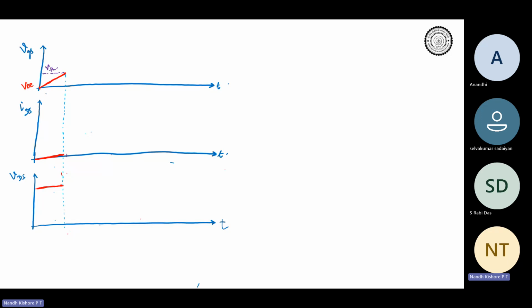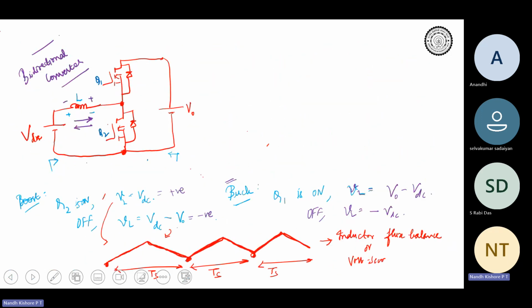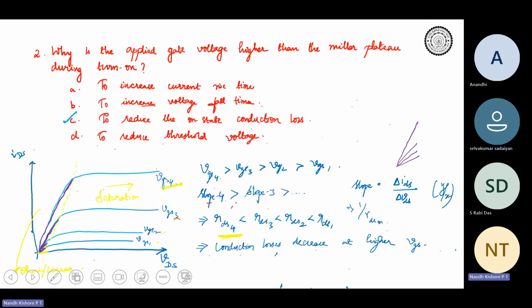Then what happens once the device hits the threshold voltage? The VDS initially was 625 volts. Now I will go back to this output characteristic curve.